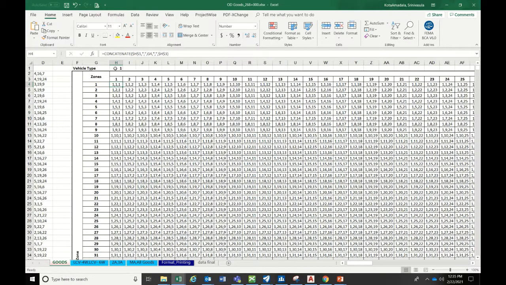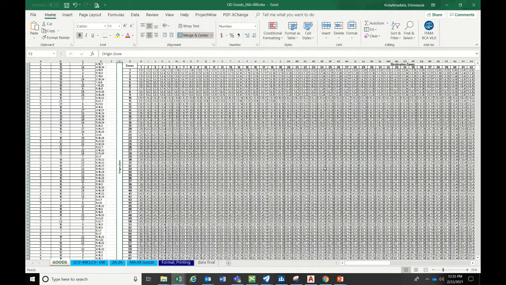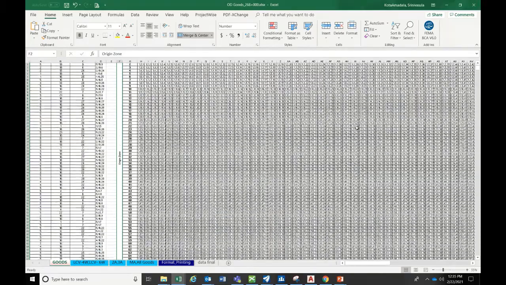1 1 1: vehicle number 1 is coming from 1 and going to 1. Here it is coming from 1 going to 2. These are destinations, and this is origin. Like this you have to prepare a sheet for all the zones.